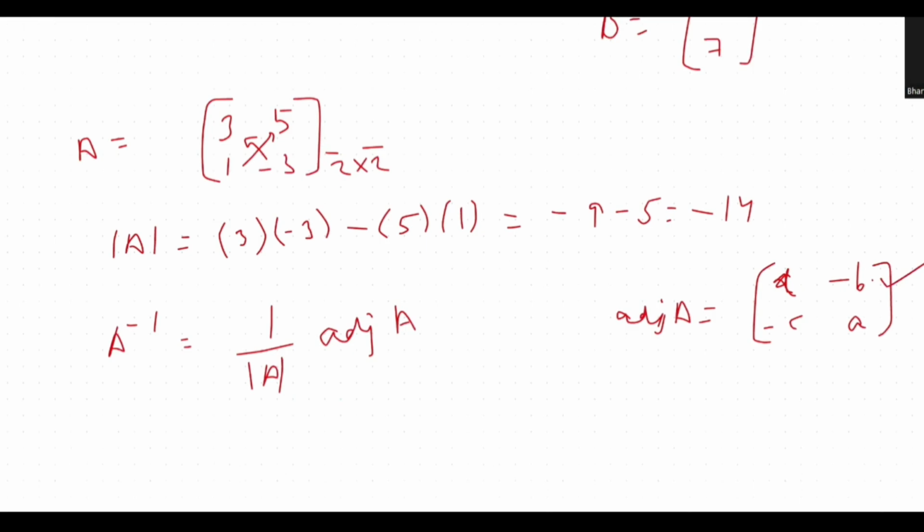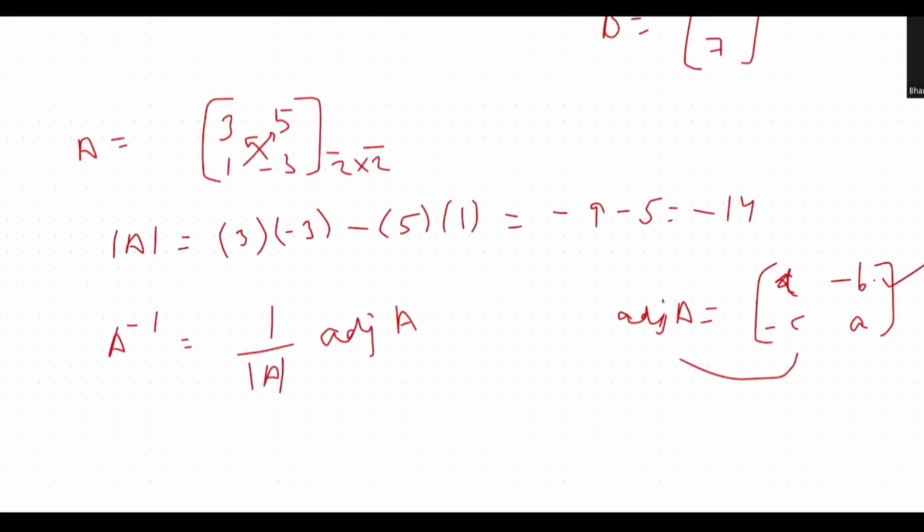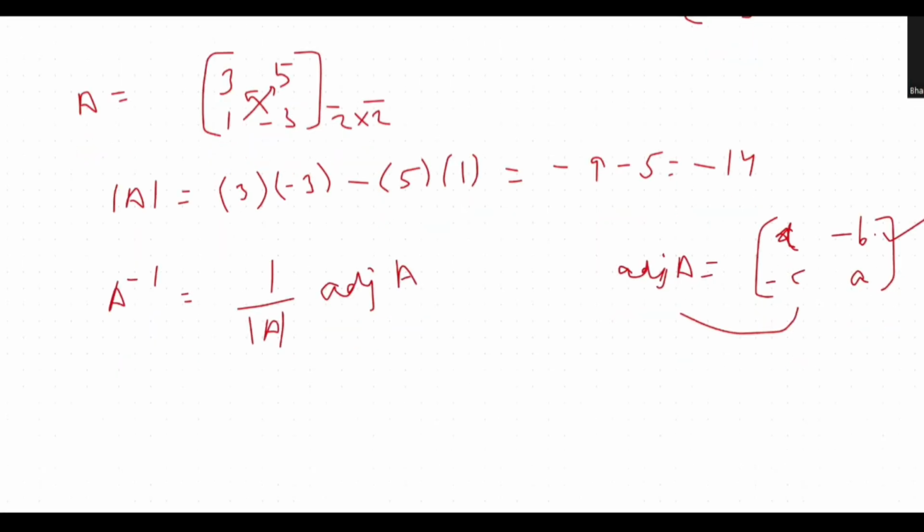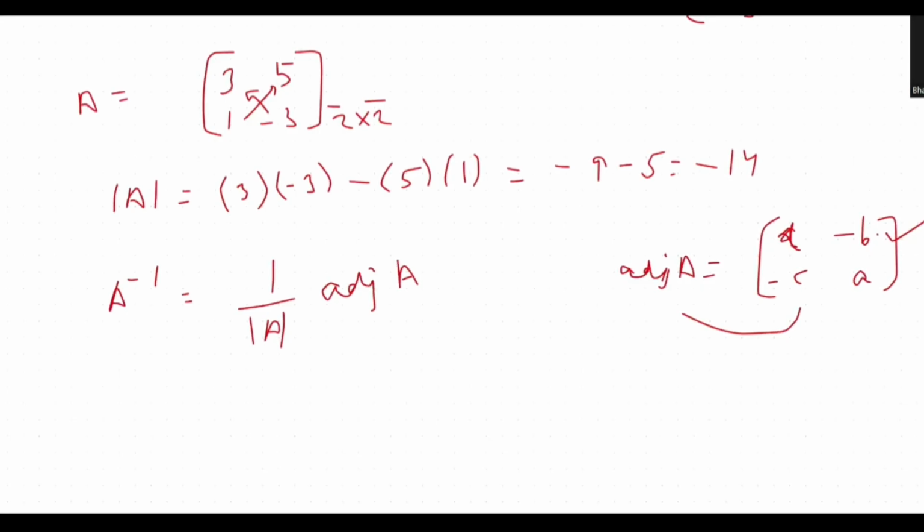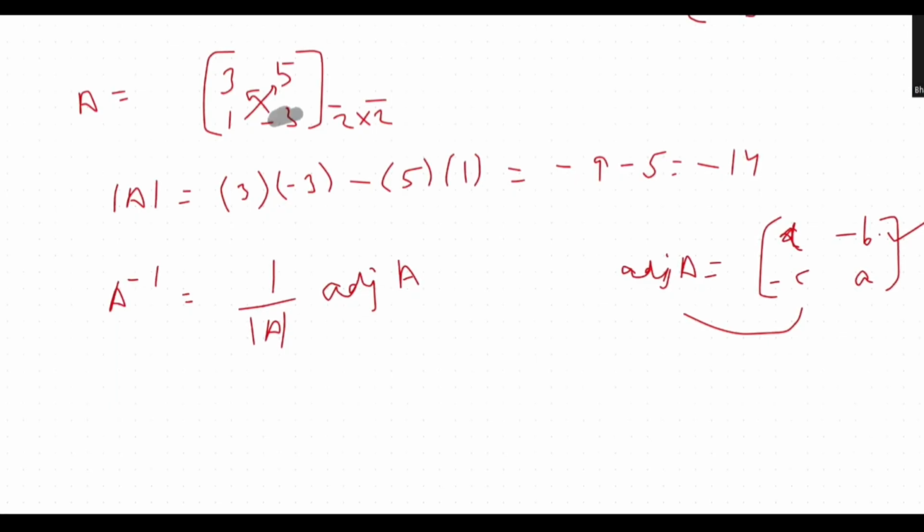So for that, now we have matrix A, where D we have -3, B is 5, C we have 1, and A we have 3, right?